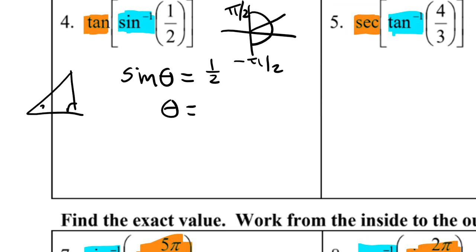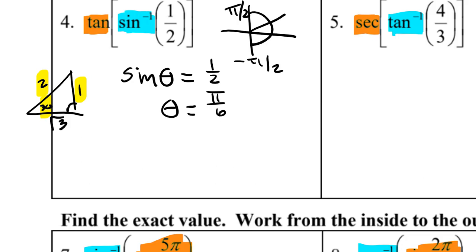If I put 30 there, then 1, 2, square root of 3 would be the reference triangle, using special right triangles. And I want the sine to be 1/2. Remember, sine is opposite over hypotenuse. And that, my friends, is this value right here at 30, because that's opposite, that's hypotenuse. So the value of that in terms of radians, 30 degrees, is pi over 6. So that's the first piece that we have to do.